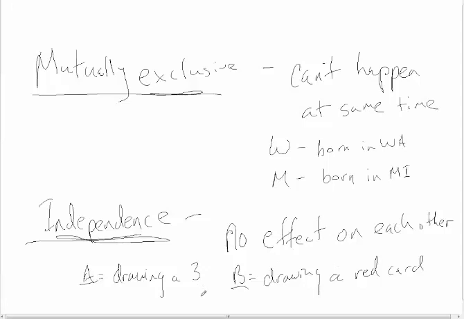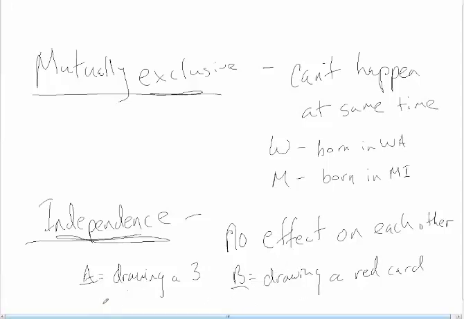And there's just as many black 3s as red 3s. So drawing a 3, the probability isn't going to change depending on the color. Likewise, depending on what color I draw, I'm no more or less likely to draw a 3. If I draw a red card, I can draw a couple of different 3s. If I draw a black card, I can draw a couple of different 3s. So these would be considered independent events.